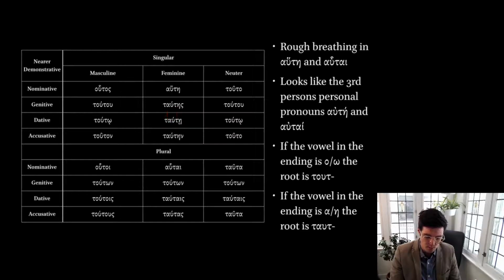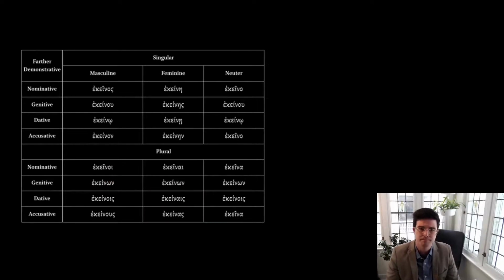And so that's just worth noting that we have two different roots here. And for the most part, toot is associated with the masculine and the neuter, with the exception of the neuter nominative and accusative plural. And tout is generally speaking associated with the feminine, with the exception of the genitive plural, because we have the same word throughout the genitive plural here.